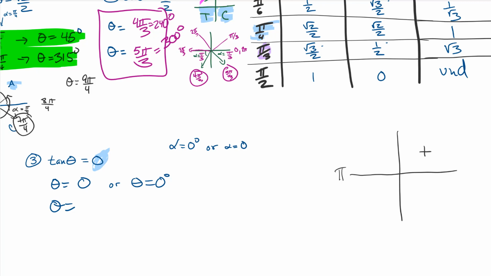Tangent goes positive in the first quadrant, and then it's negative. Then it's positive. Then it's negative. It just flip-flops. It starts its cycle all over again after pi. So whatever answer we get for tangent, if you get 0, and you want another angle, just add pi to it, or add 180 degrees. Little trick. I'll let you think on that one. Or we could say that theta is equal to 180 degrees.